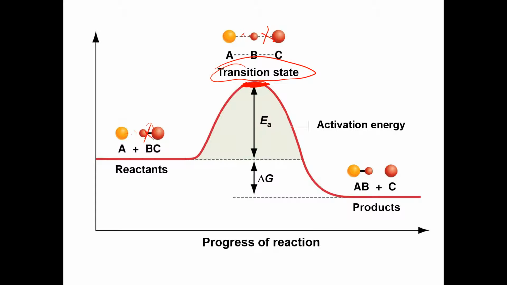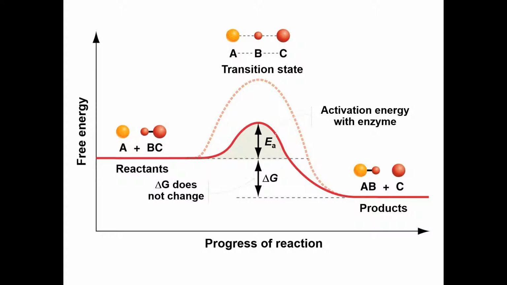Now, look at the reaction with an enzyme. Here, with an enzyme, the level of activation energy is much lower than without it, because you're bringing these two reactant molecules together when they bind to the enzyme at their active sites.